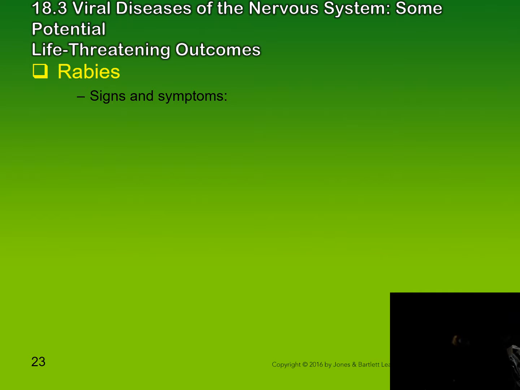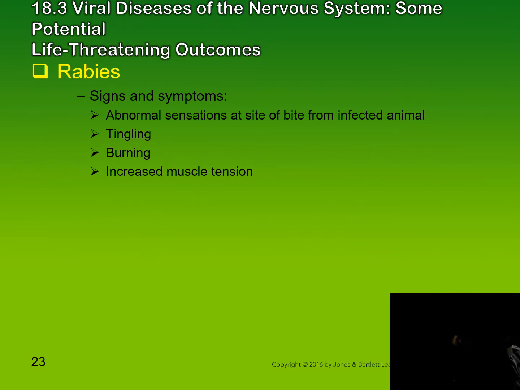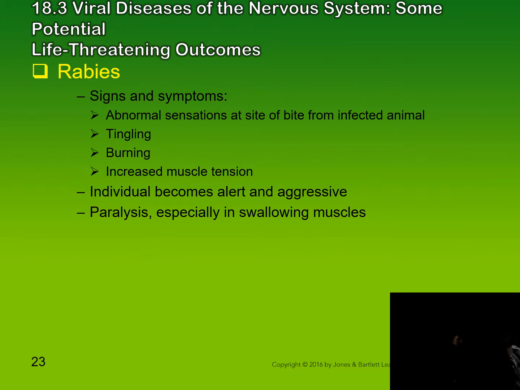Okay, signs and symptoms of rabies. Abnormal sensation at the site of the bite from the infected animal, a lot of tingling, burning, and increased muscle tension. Individuals can become alert and aggressive, and paralysis, especially in the swallowing muscles, can occur.